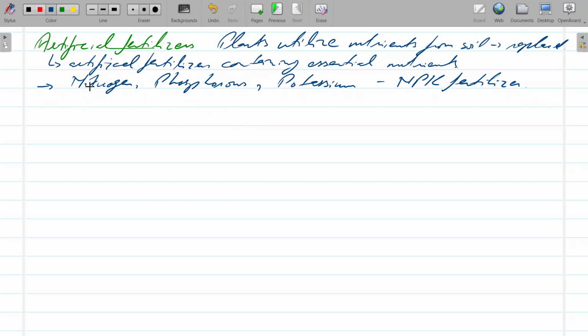Right, in what form are they added? So nitrogen is basically added in the form of ammonium salts. So you can have ammonium phosphate, NH4. Potassium is added as potassium chloride.